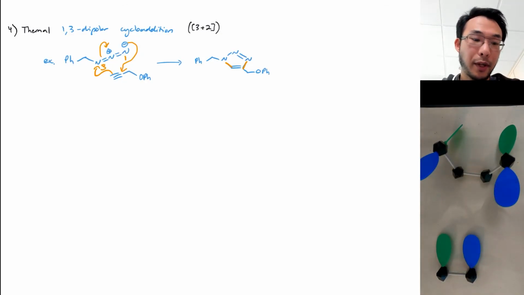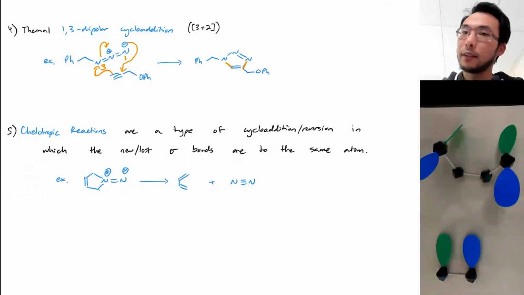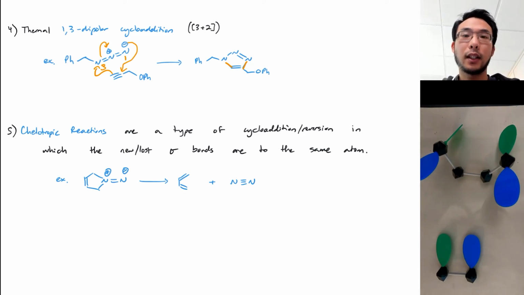The last type of reaction I wanted to go over is a subclass of cycloadditions. These are called chelotropic reactions, and they refer to the case where a single atom is gaining both of the new sigma bonds that are made during cycloaddition or losing both of the sigma bonds that are lost during cycloreversion.